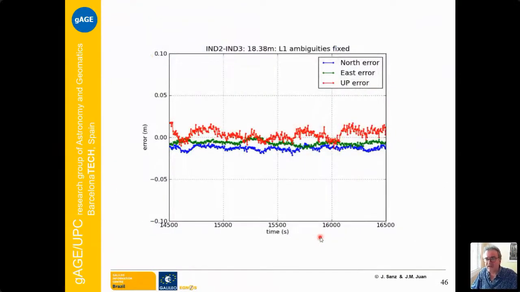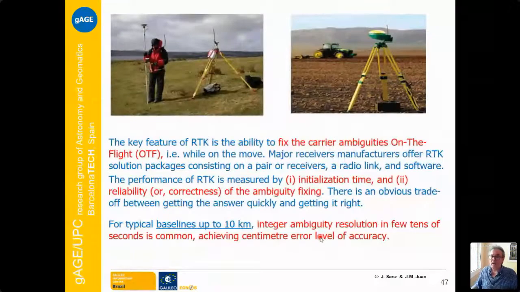Well, this is the accuracy that we can achieve: 1 centimeter at 1 sigma for the horizontal component, 3 centimeters at 1 sigma for the vertical component. This is when we fix the ambiguities with RTK. As I commented before, the idea is to fix ambiguities.